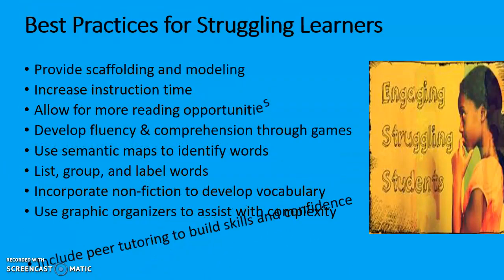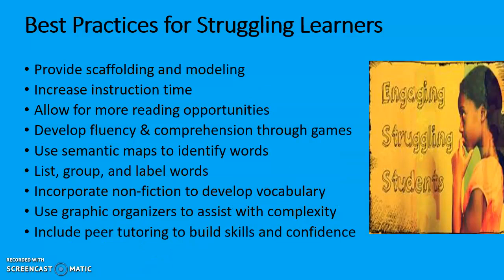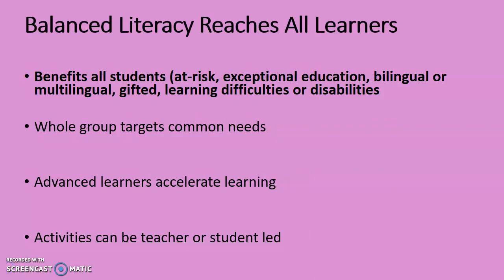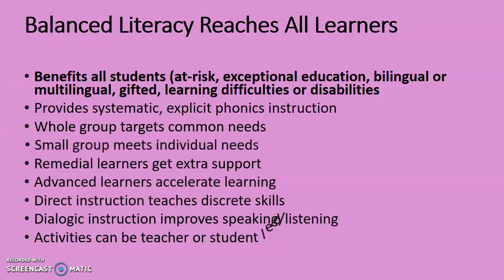So when we look at best practices for struggling learners, we're looking at scaffolding and modeling, increasing instruction time, allowing for more opportunities, using semantic maps, listing, grouping, labeling words, using nonfiction text to build on vocabulary, graphic organizers, and peer tutoring. So balanced literacy reaches all learners. We're looking at learners that are at risk, have exceptional needs, are bilingual, multilingual, gifted, or have learning disabilities.